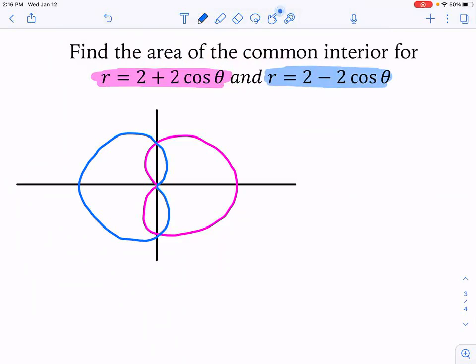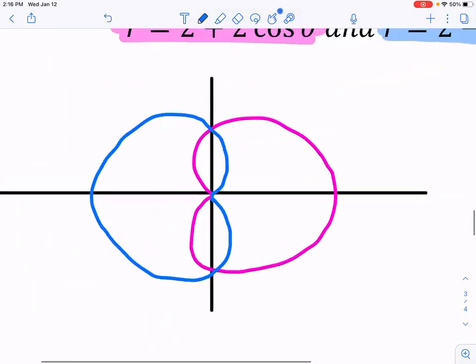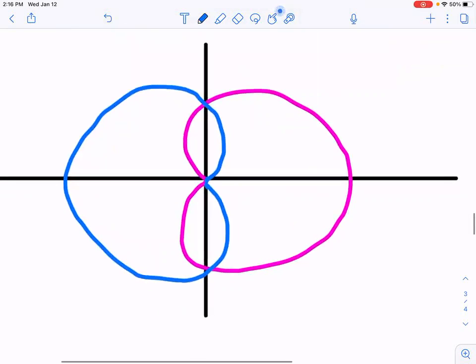So when I am asking for the common interior, I want to be inside both graphs at the same time.